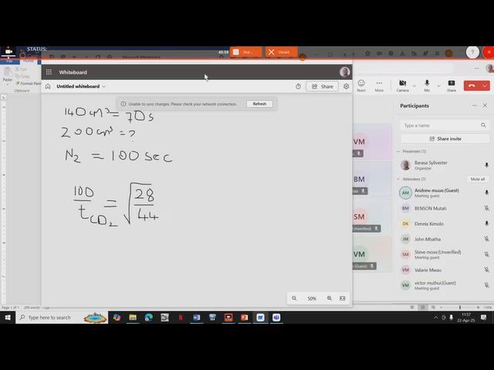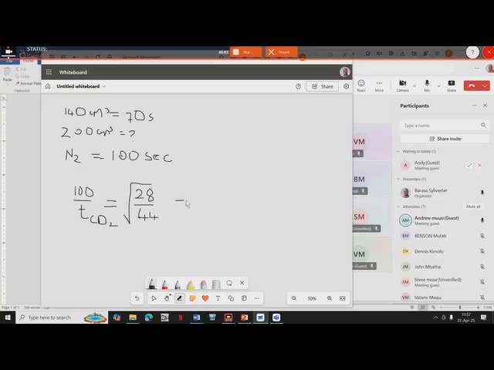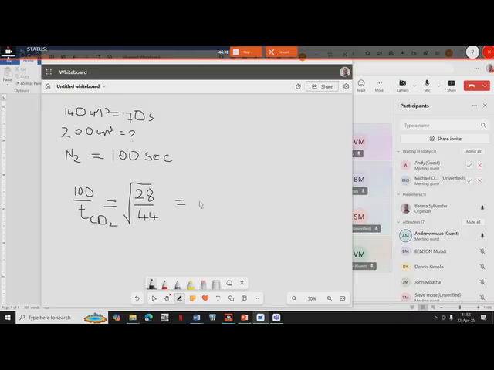So 28 divided by 44, then the square root. Andrew, you can go ahead. 0.79.